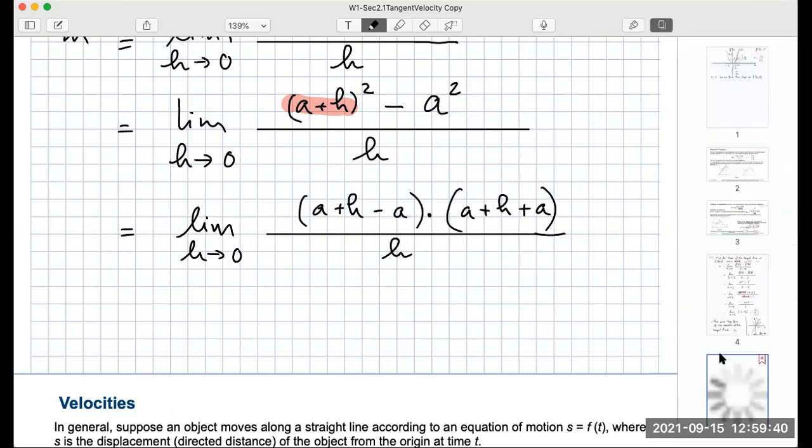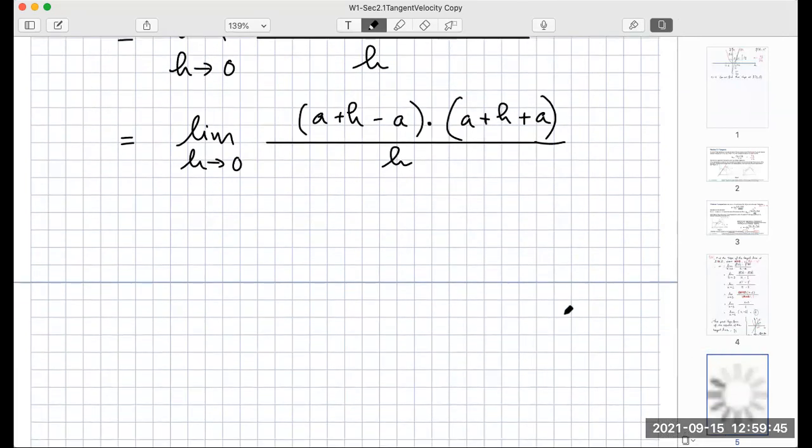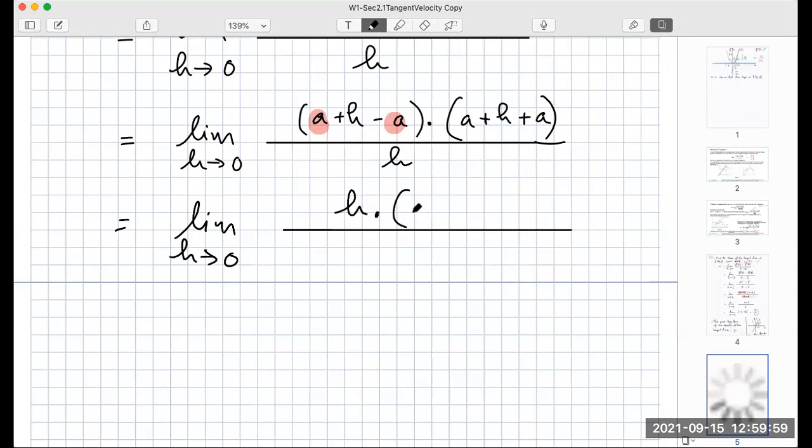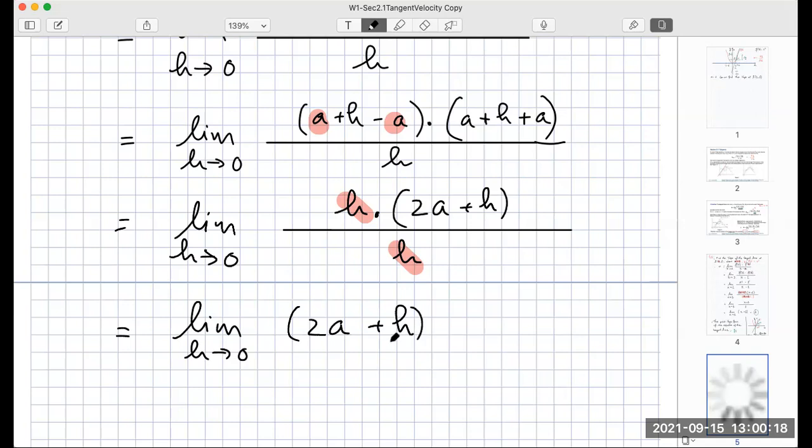When you work with abstract things, you'll be better. Now, can we simplify here? Yes, they cancel each other. Very good. Therefore, finally, the limit as h approaches 0 of 2a plus h, right?